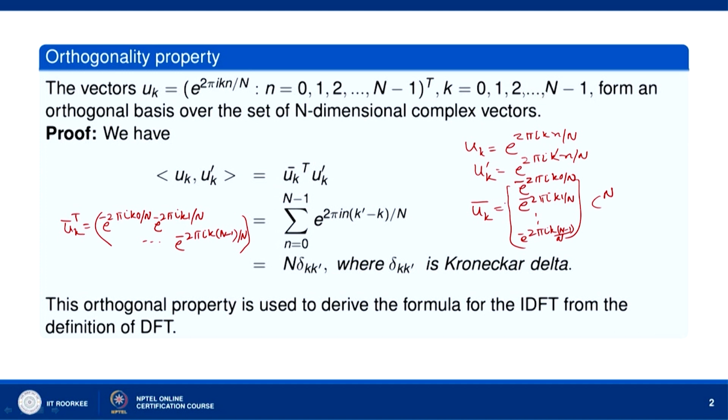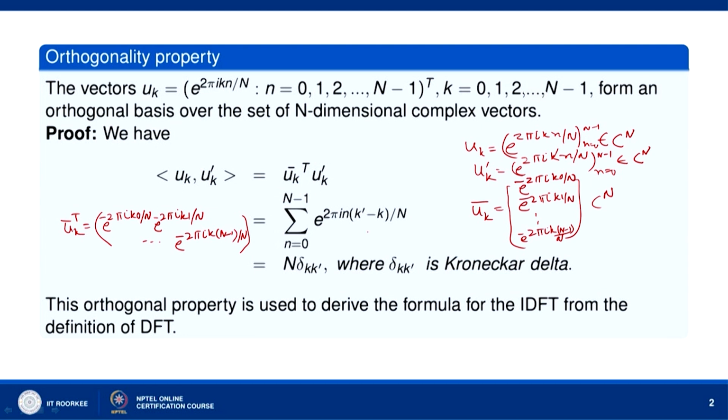When you take the transpose of this conjugate vector, these u_k's are all vectors belonging to C^N, where n varies from 0 to N minus 1. Okay. So, u_k conjugate transpose is this.